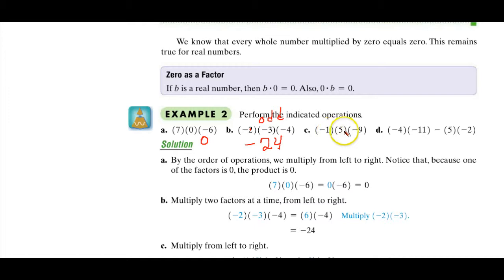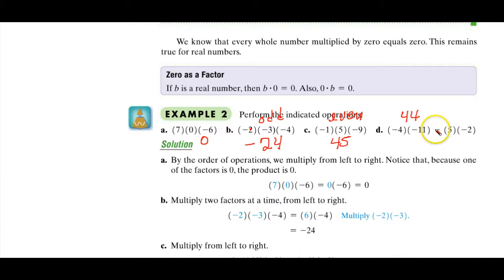Again, you determine what your end sign will be. 2 negatives, that is an even number of negative signs, the answer will be positive. So 5 times 9, 45. On this one, 2 negatives make it a positive. Now here, there are 2 negatives, so this is going to become a positive 44.